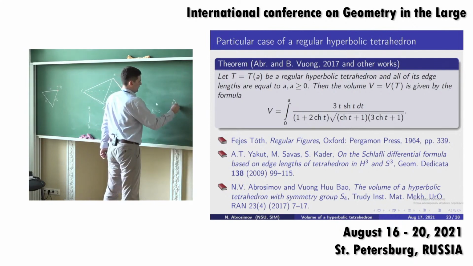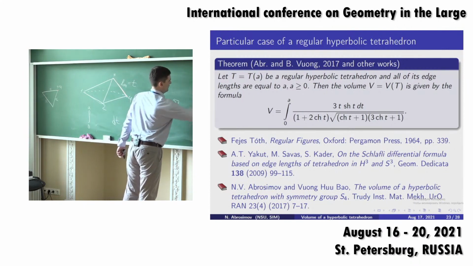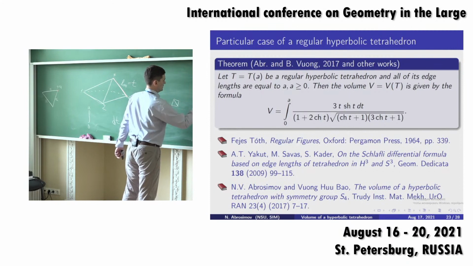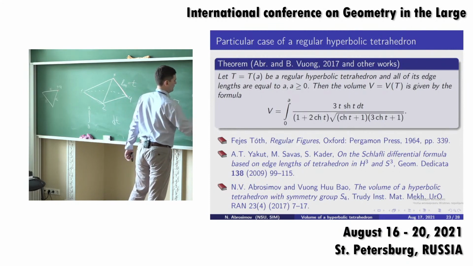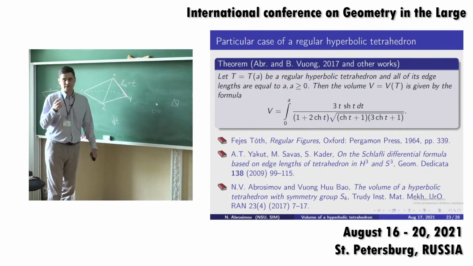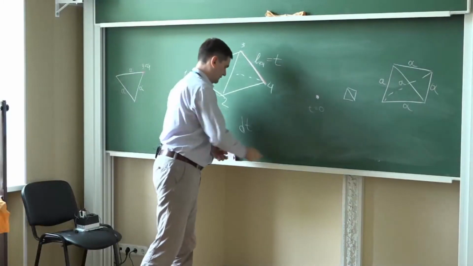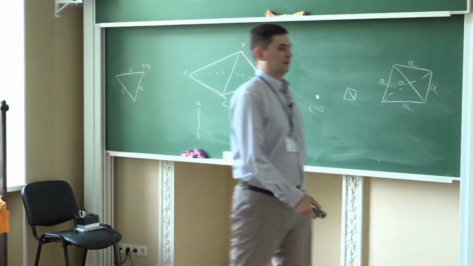And then our tetrahedron grows and grows, all the edges at the same time. So that is why the integrand is different. But still we can compare the results numerically.